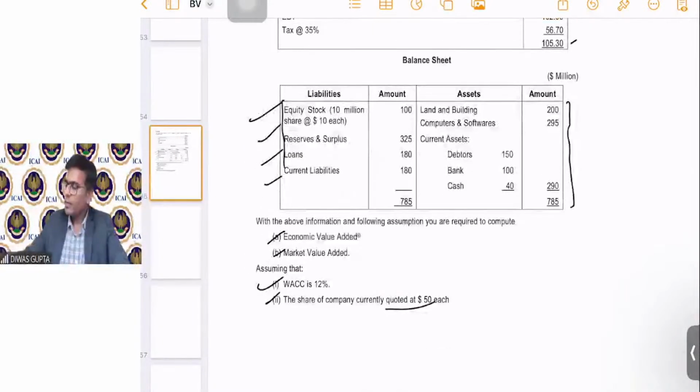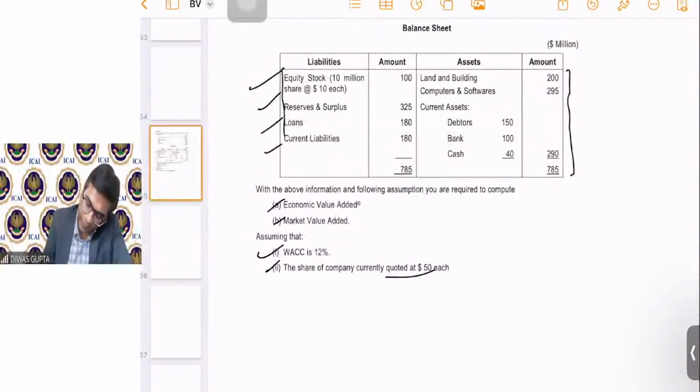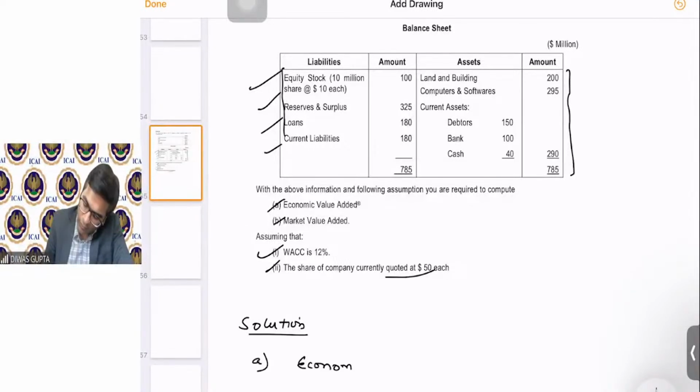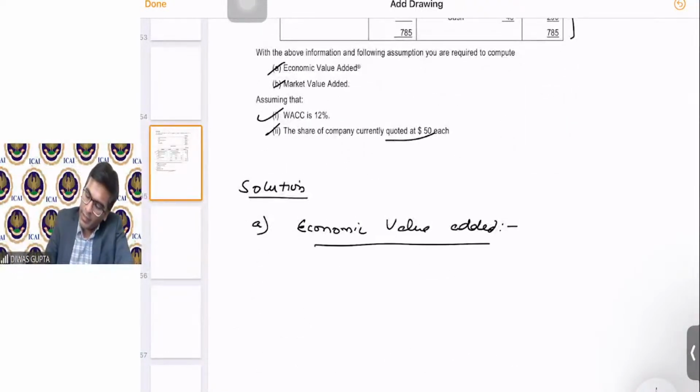So we have to first compute the economic value added, right? So let's start. Economic value added.